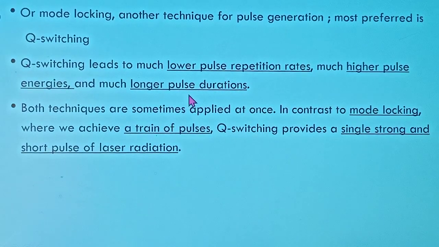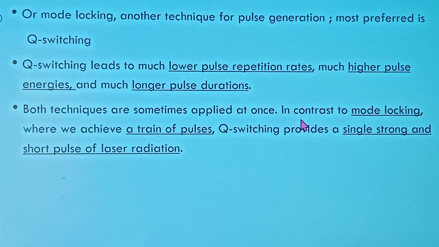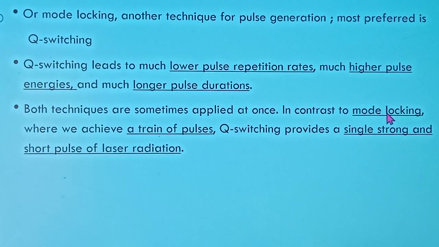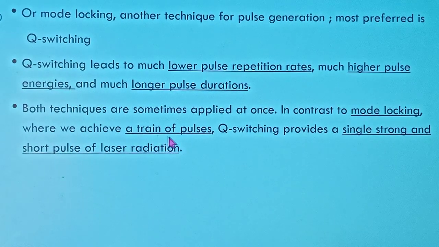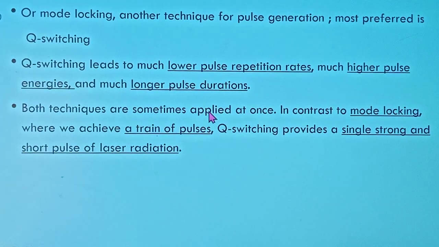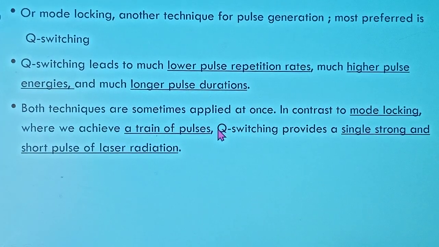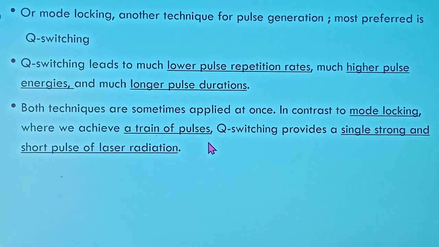So, long pulse durations. When we compare this to the pulse given out by the mode locking technique, there we have a train of pulses, and that repeats quite often when compared to the Q switching method.